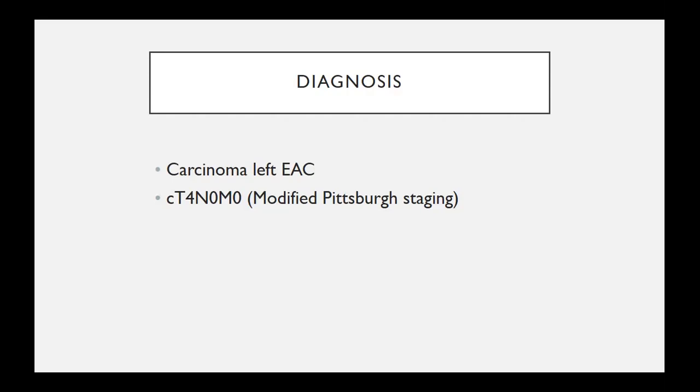Okay, so what would be that first imaging which you would like to get? So HRCT temporal bone, or a PET scan if suspecting distant metastasis, but since the incidence of distant metastasis in temporal bone is lower, we can go ahead with the HRCT temporal bone and neck for loco-regional recurrence.